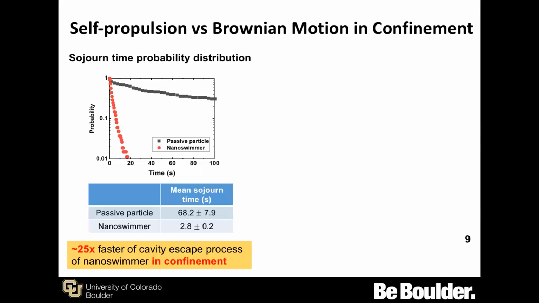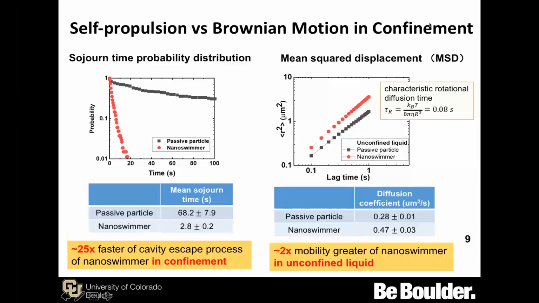Because a 25 times difference is so significant, the first thing we did is analyze the mean square displacement. From this mean square displacement, we are able to get the particle's diffusion coefficient at short time. We can see that the diffusion coefficient of the Nanoswimmer is only like 2 times that of the passive particle in the unconfined liquid.